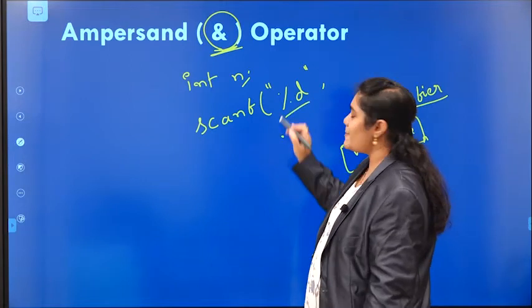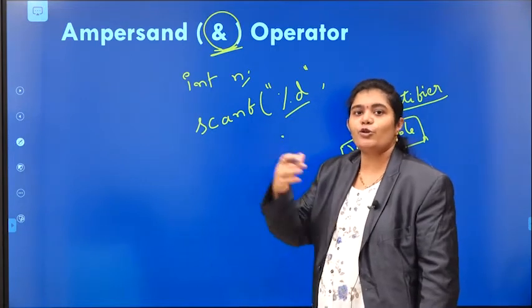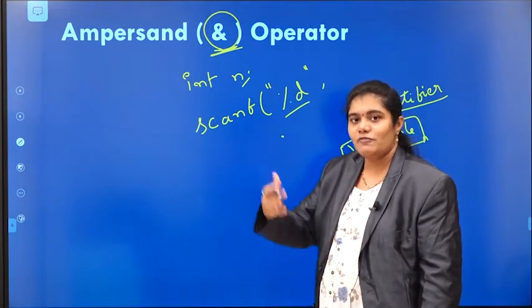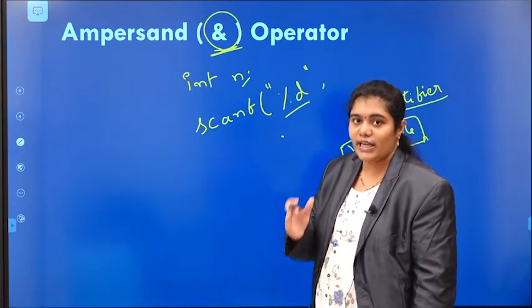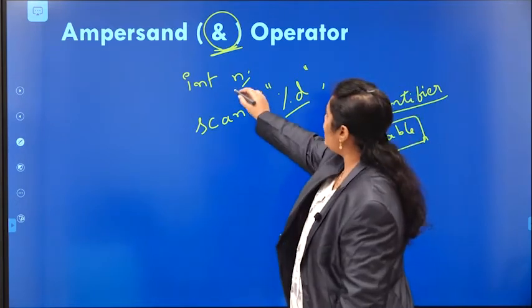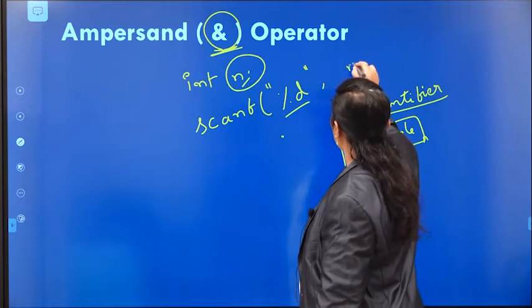This %d specifies that yes, I am going to read an integer value. Into which location? That location we have to specify. So that location is nothing but n.